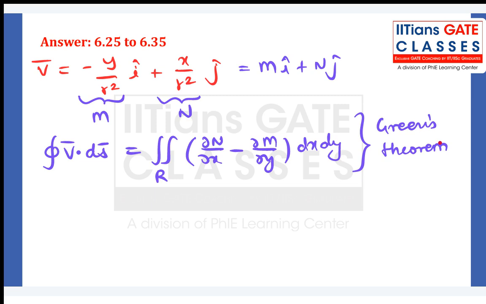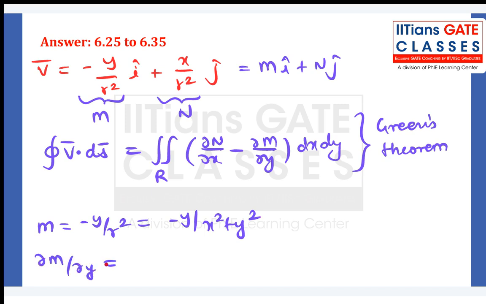Okay, so here the difficulty is, first of all, your m is minus y by r square, that is minus y by x square plus y square. So this del m by del y, if you do, you have to use the u by v rule of differentiation.